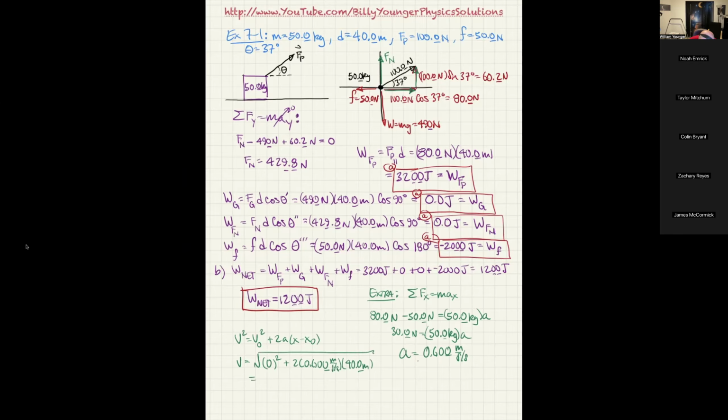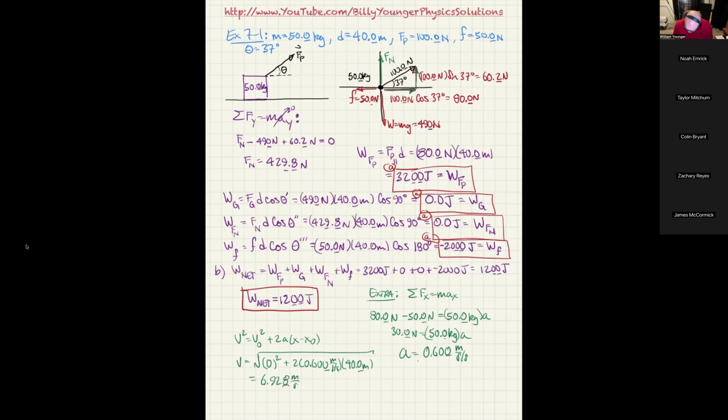So when I do that calculation, square root of 2 times 0.6 times 40 gives me 6.928 meters per second. I might have said that backwards earlier. And we really only had 2 sig figs there, so that 8 is not a sig fig. So that's the velocity.